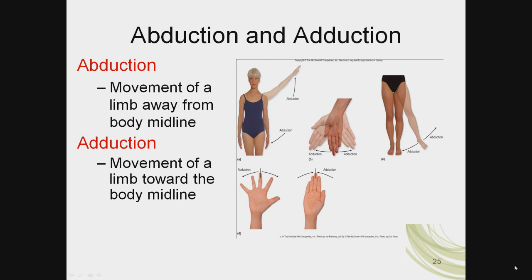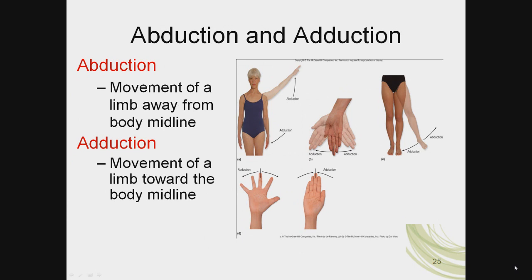An example of both abduction and adduction would be you doing jumping jacks. When you take your legs apart and your arms swing out to the side and over your head, that's abduction. And when you bring your jump back in and the legs come in together and your hands go down by your side, that's adduction.